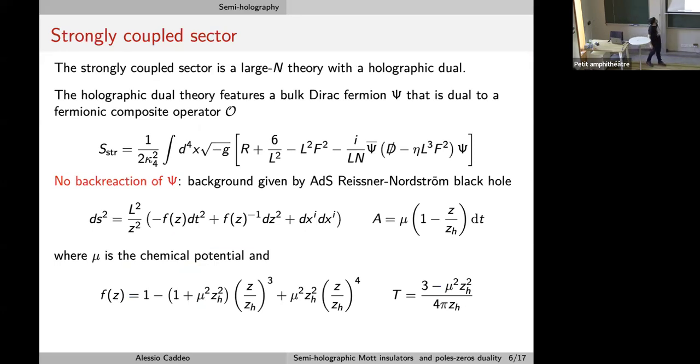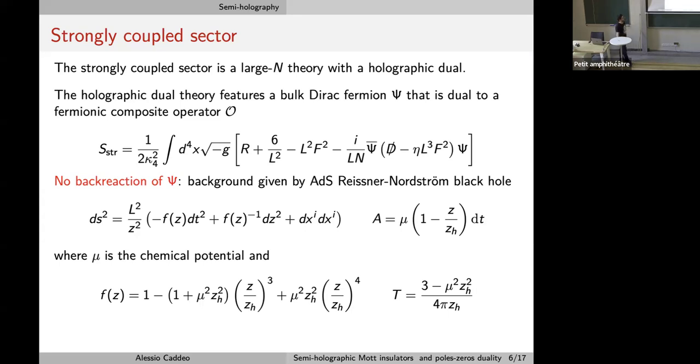So let me focus now on the strongly coupled sector, the one that is holographic. As we saw from the previous talks, this means that we can describe the theory using a gravitational theory with one dimension more. I will consider a bottom-up approach in which the strongly coupled sector has two subsectors.